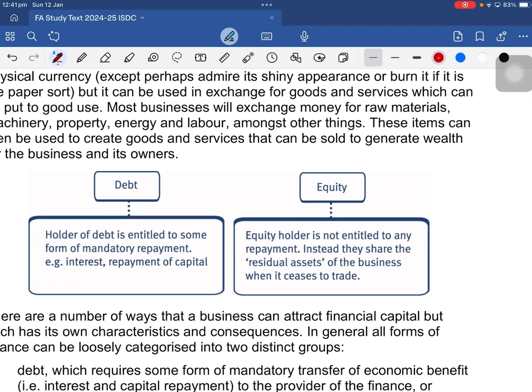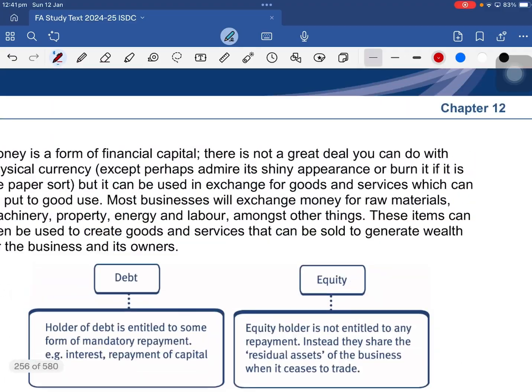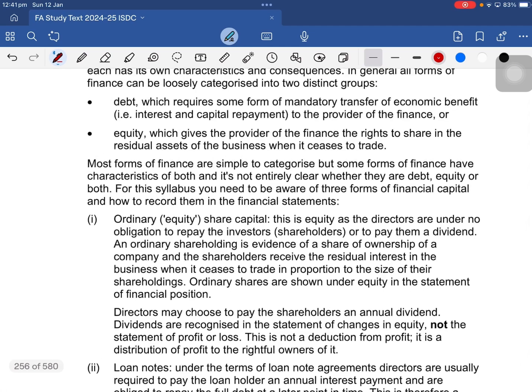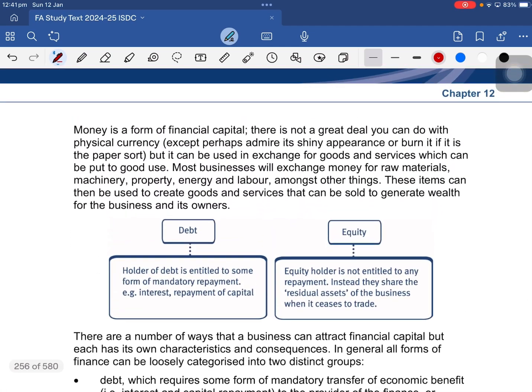Now we are going to go more into detail. Equity shares are of two types. One is ordinary shares and the other is preference shares. Ordinary shares are the true owners of the company.